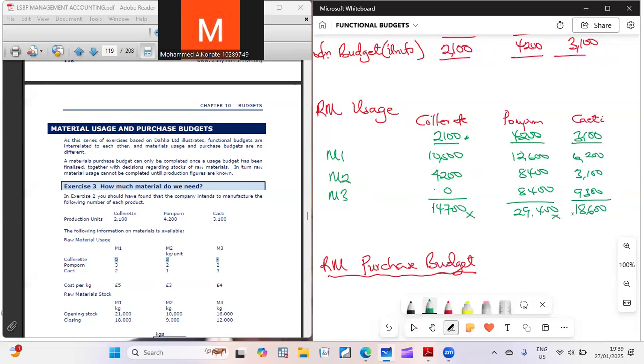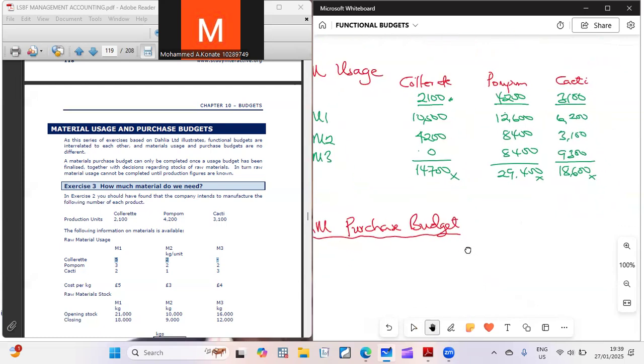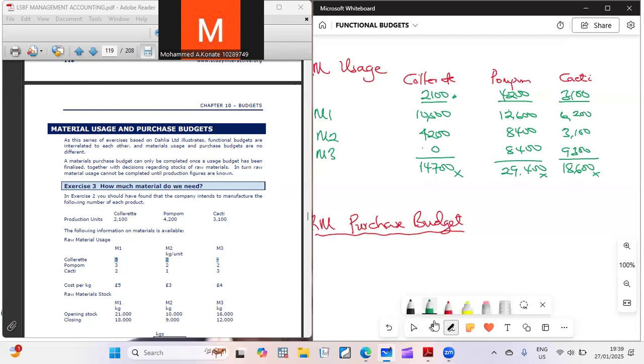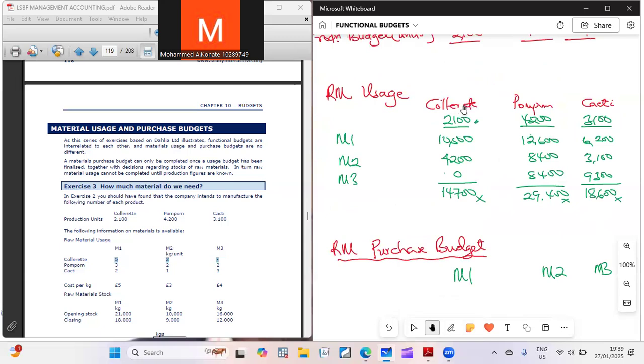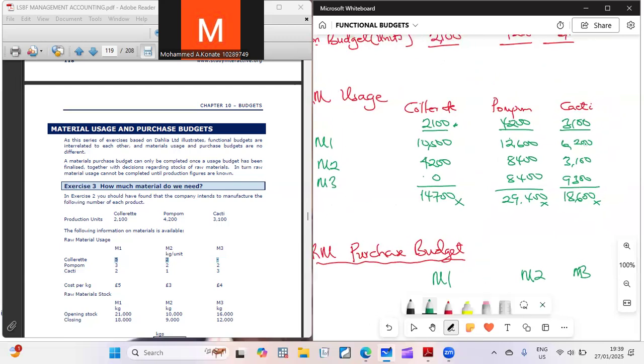You need the materials total, because we do the raw material budget with the top being the material: material 1, material 2, and material 3. You could have done it like that, bringing the colorate and the component to these sides. Yeah, that one is even better.